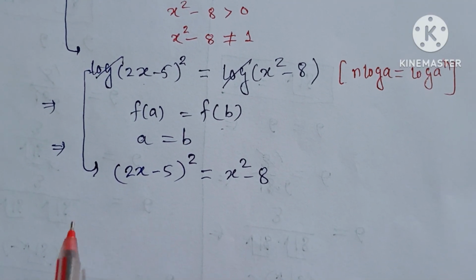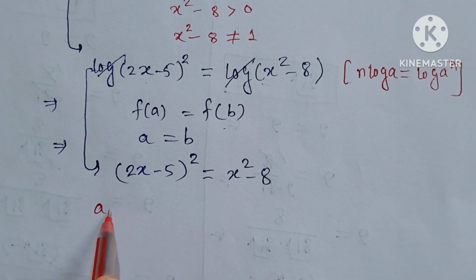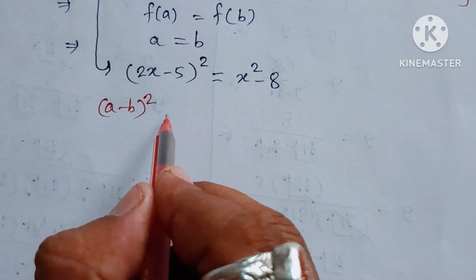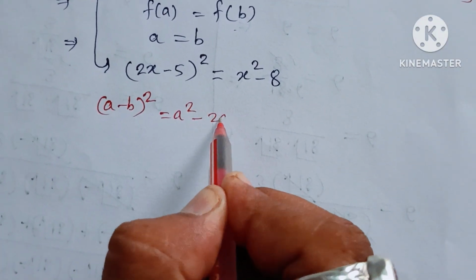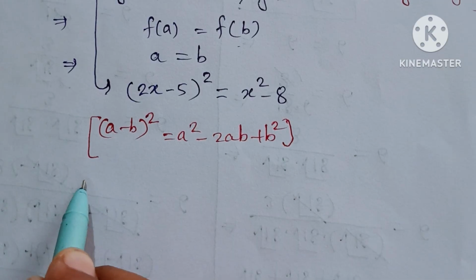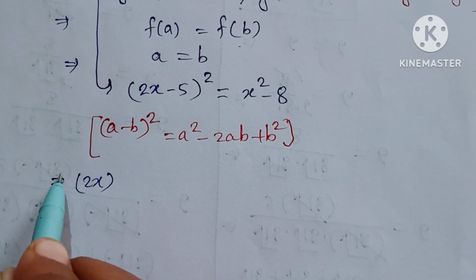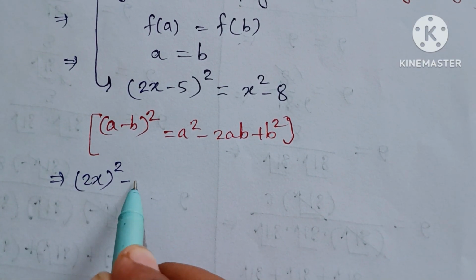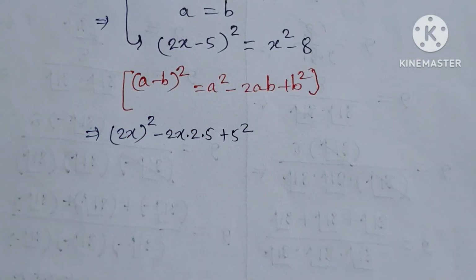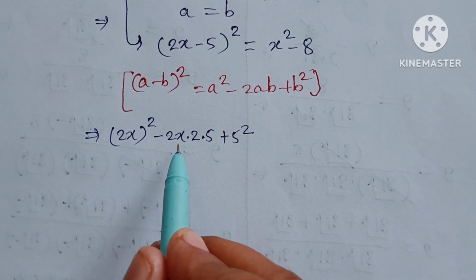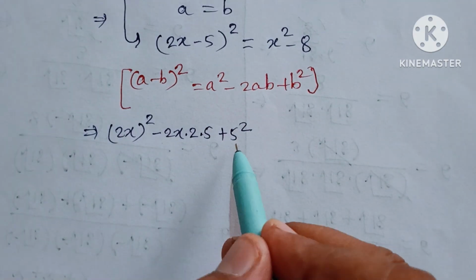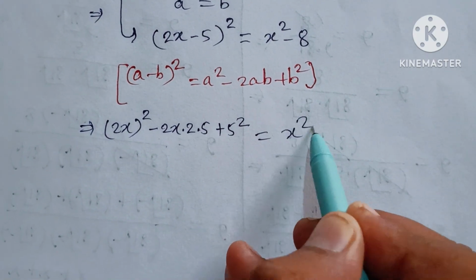Now here we will apply one of the algebraic identities, a minus b whole square is a square minus 2ab plus b square. So 2x whole square minus 2 into 2x into 5 plus 5 square is equal to x square minus 8.